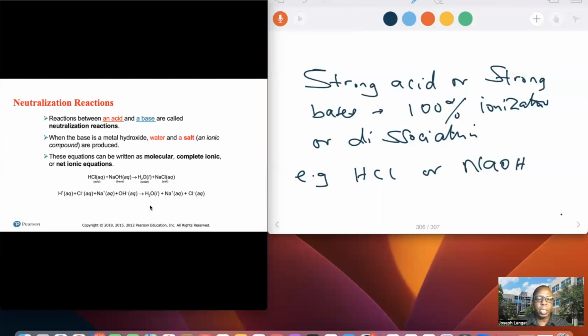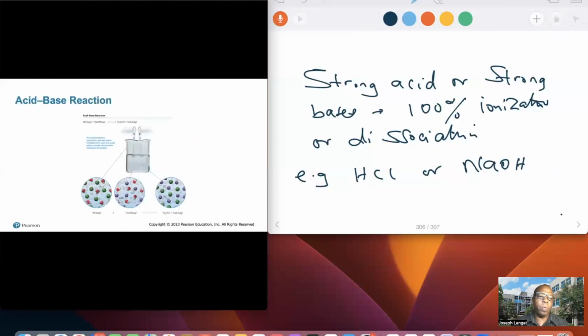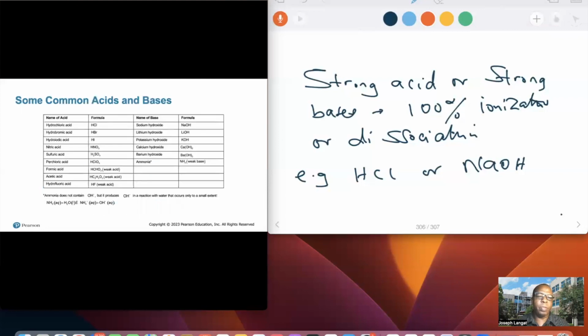We don't split the solid, and we don't split the liquid. So this is going to be the complete ionic. If we cancel out the spectator ions, this is the net ionic equation for this reaction between HCl and sodium hydroxide. So for acid-base neutralization, we should be able to generate the three equations. It's just a diagram of what happened at the molecular level.